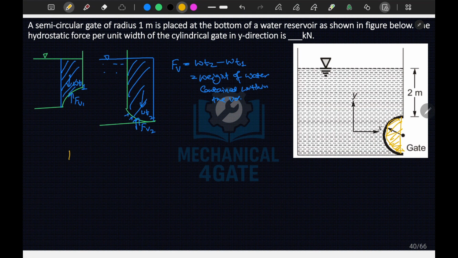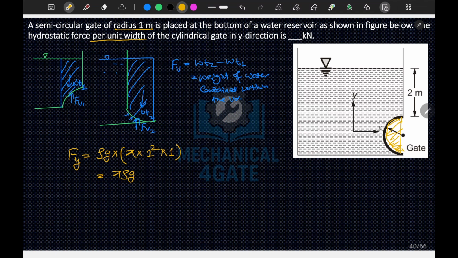So I can say that my Fv will be equal to rho g into V. Now V we have to take of this. It is mentioned that the gate has a radius of 1 meter. So pi r squared is the area, into 1 unit depth, since you mentioned per unit width. So this is your volume, and Fv is pi rho g.